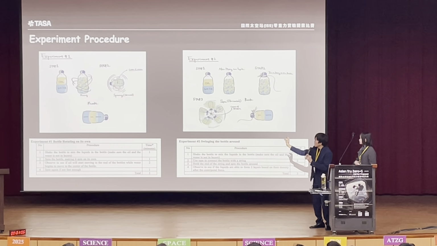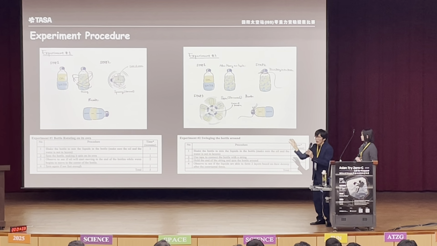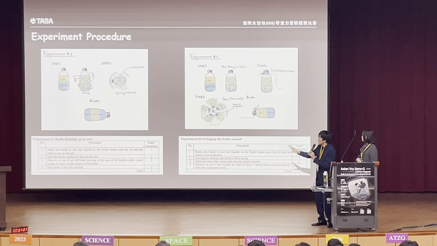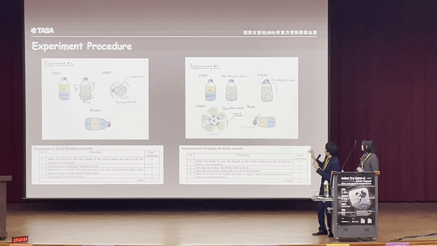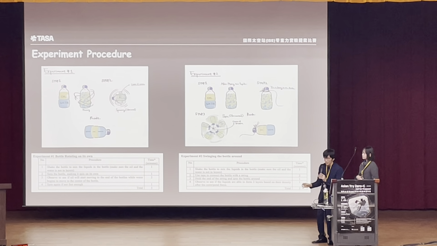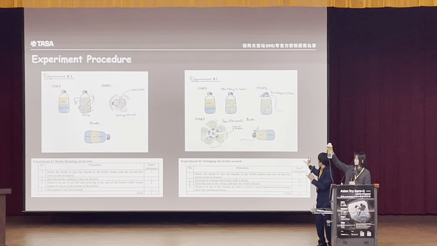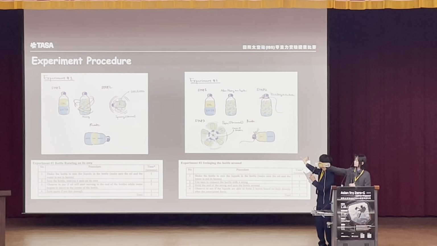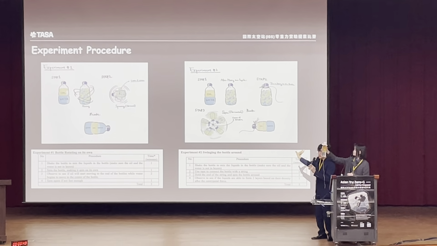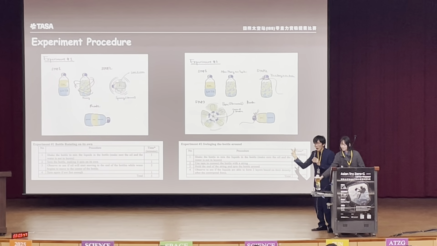So the water will be pushed outside, and the oil will stay inside. For experiment 2, while we spin the bottle, the denser liquid, the water, will go out, while the less dense liquid, the oil, will gather near the top of the bottle.